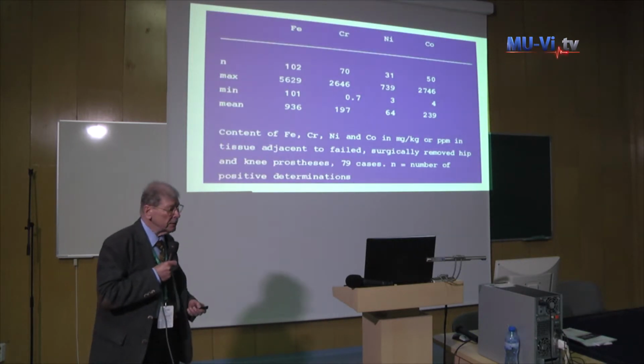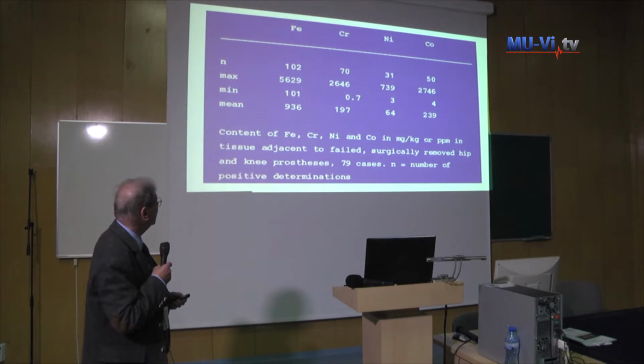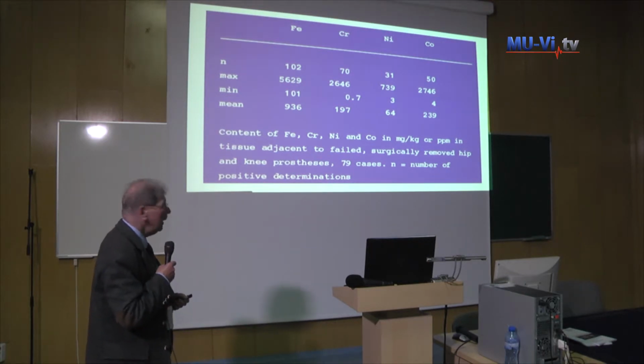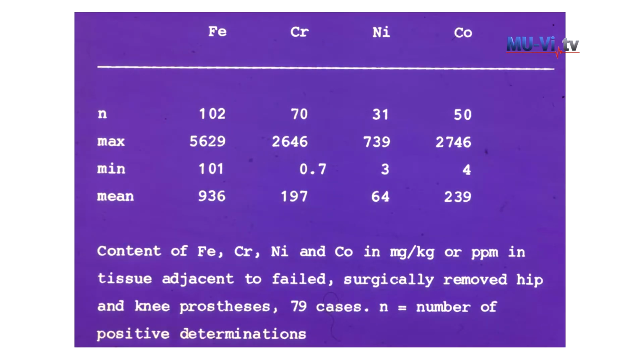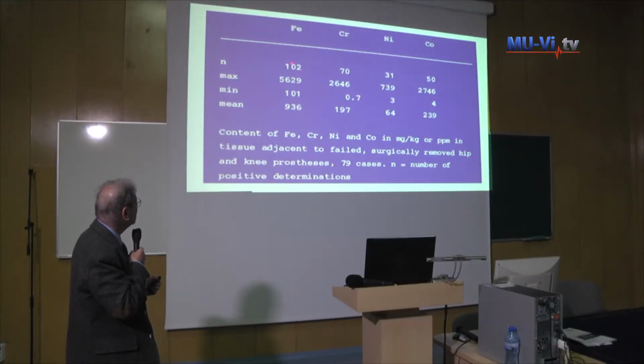Now, we dealt some years ago with the problem of load of tissue by these different chemical species, iron, chromium, nickel, cobalt, in the neighborhood of implants. And here you see a compilation of our investigation with the number of cases, the maximal load, the minimal load, and the mean.